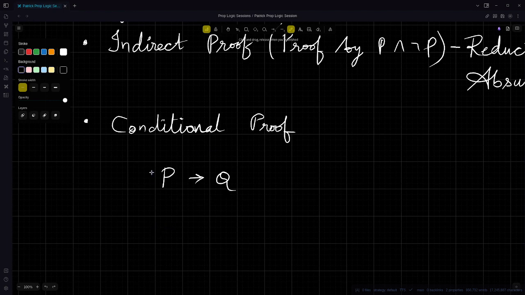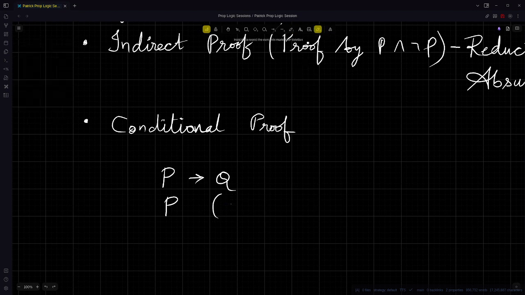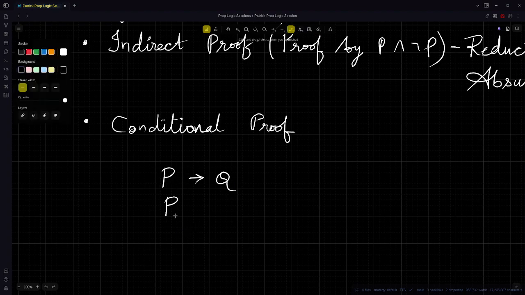Maybe I have some other premises, but I'll start with assuming that P is true. I'll write this is an assumption, and then we can eventually get to Q. We can show that P implies Q is true in some other way.